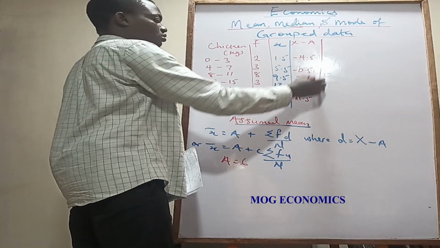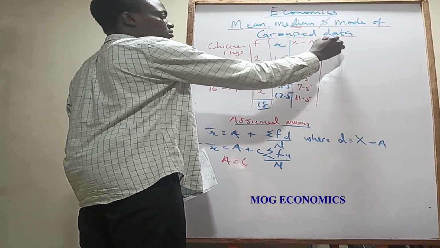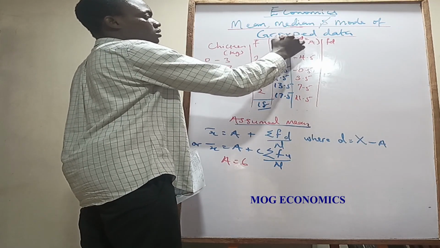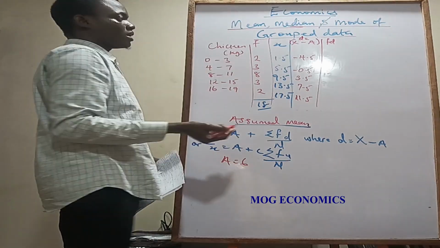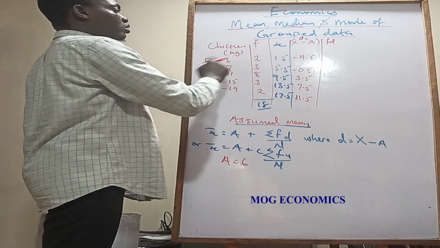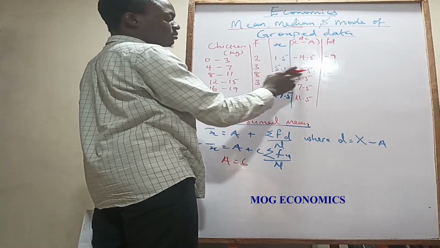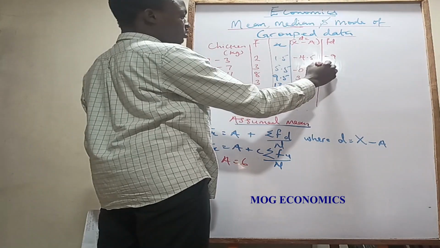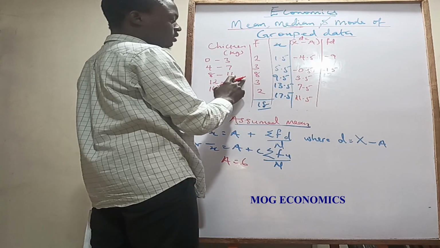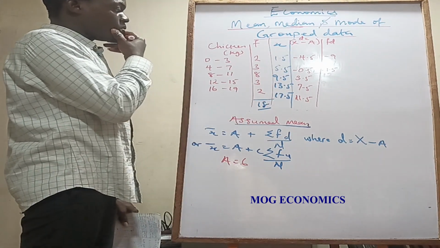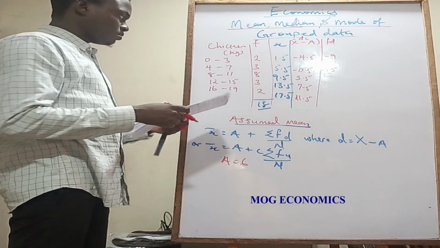So the next column is fd. Like this, d equals x minus A, so I don't want to write f multiplied by x minus A again. So fd is going to be equal to 2 times minus 4.5, which is minus 9. 3 times minus 0.5 is minus 1.5. 8 times 3 is 24, and 8 times half is 4, so that will be 28.